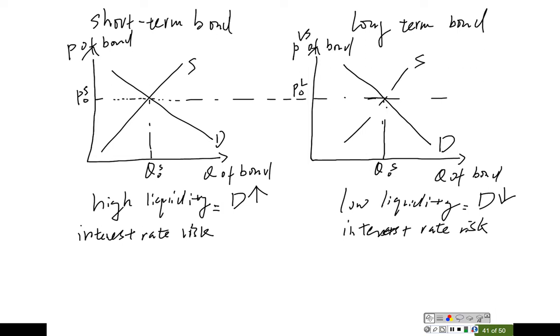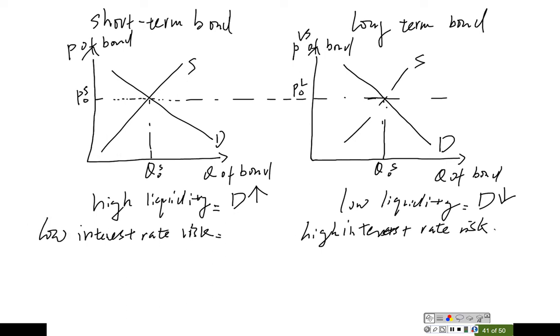But which bond tends to have a higher interest rate risk? If you remember what we learned previously, the long-term bond has higher interest rate risk, because once the interest rate in the market increases, the price of the long-term bond will drop more than the price of the short-term bond. So the long-term bond has high interest rate risk, and the short-term bond has low interest rate risk.